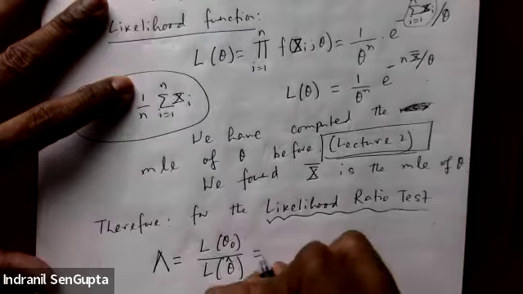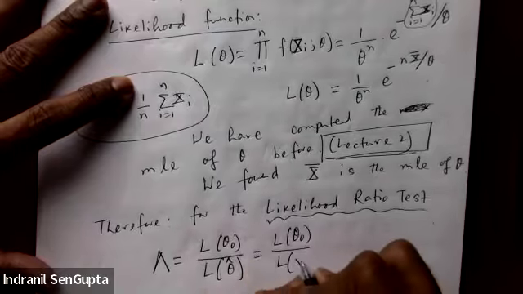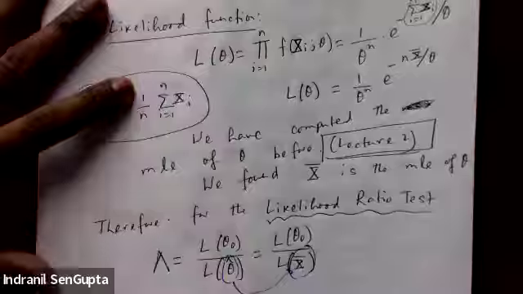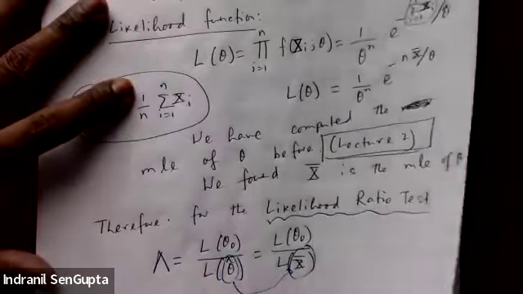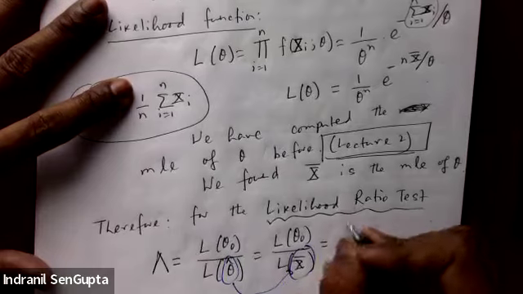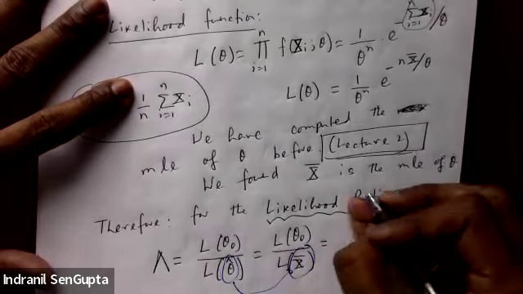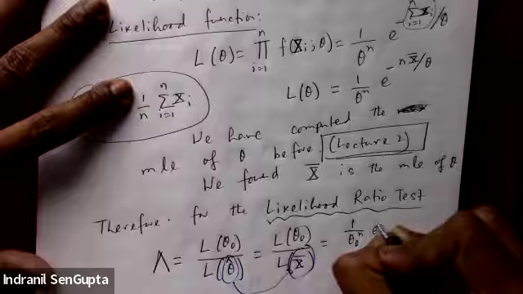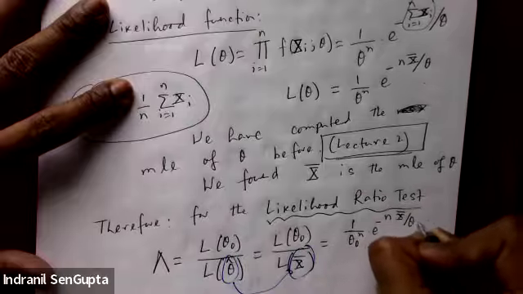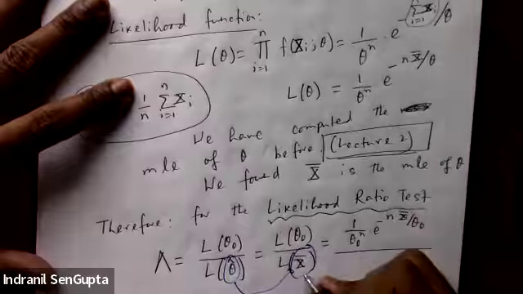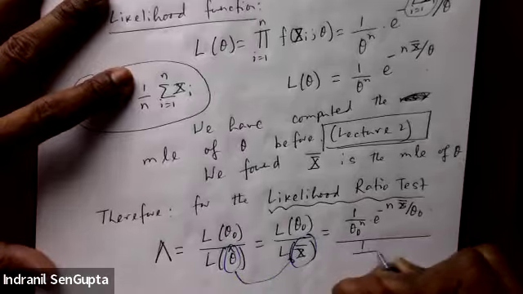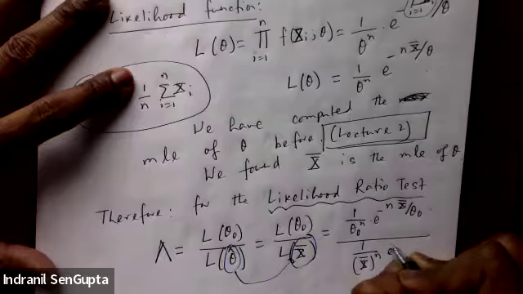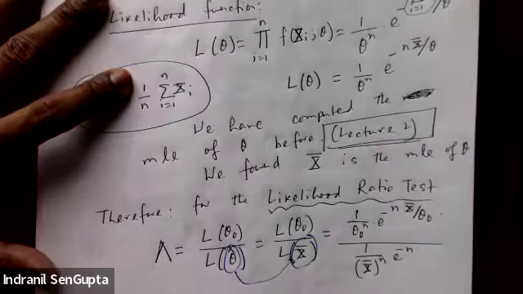That's x bar, so it is L of theta 0 over L of x bar. L of theta 0 is 1 over theta 0 to the n, e to the minus n x bar over theta 0, over L of x bar, which is 1 over x bar to the nth power, e to the minus n. The x bar over x bar cancels.